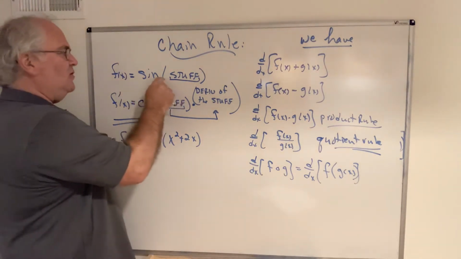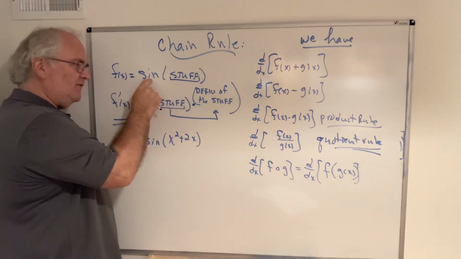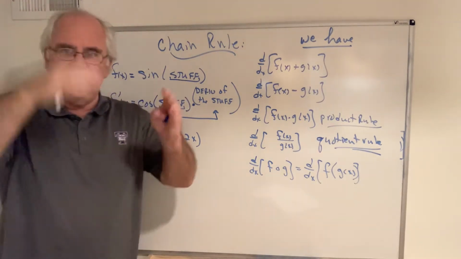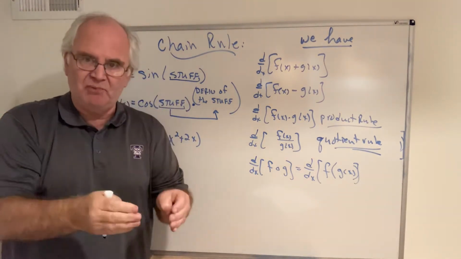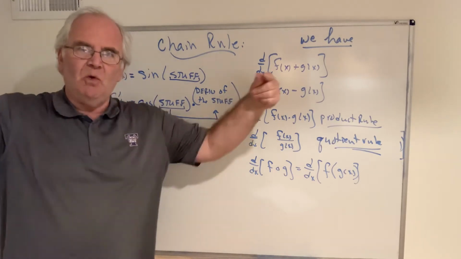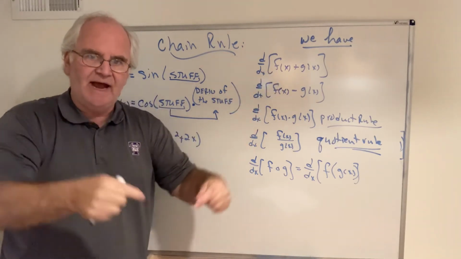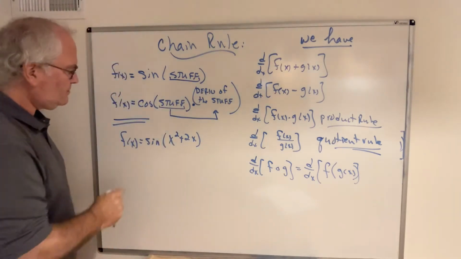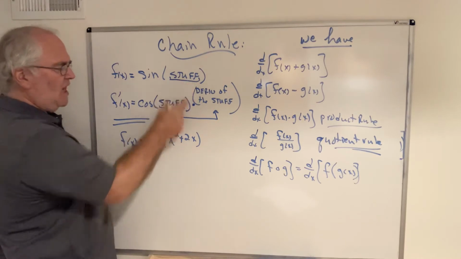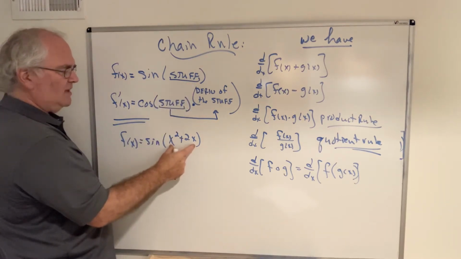And so you do the derivative of the outside function first, the inside function second. And if you have parentheses within parentheses within parentheses, a function of a function of a function, you work from the outside in. All right? So the derivative of sine of this, now the role of stuff is being played by x squared plus 2x.